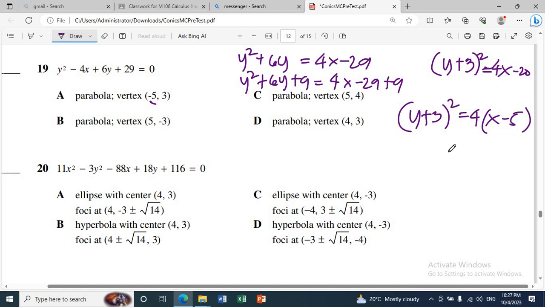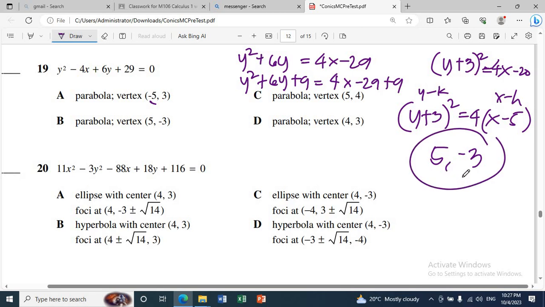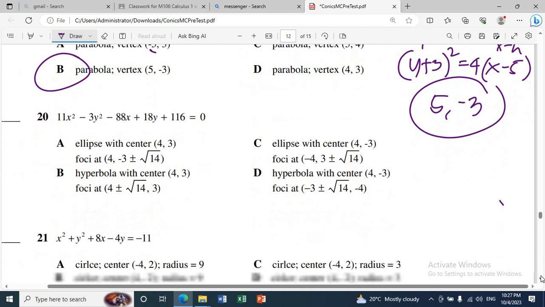So meaning this is x minus h, y minus k. The vertex is 5, negative 3. Letter B, number 19. Next item, number 20.